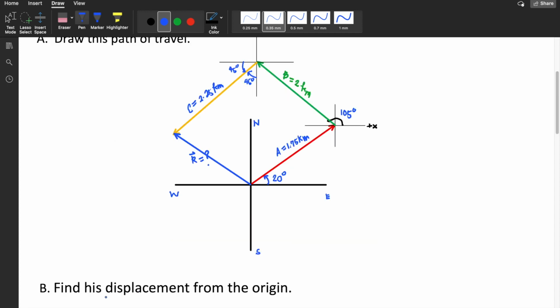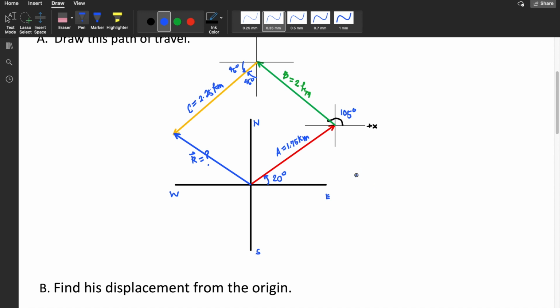For letter B, find his displacement from the origin. Take note that when we say displacement, it is the magnitude and direction from the starting point to the end point. For this case, you can form an equation from this figure: A plus B plus C vector is equal to your R vector.